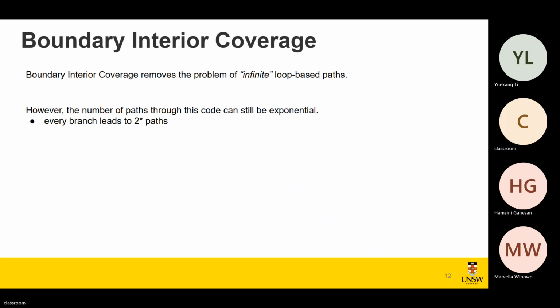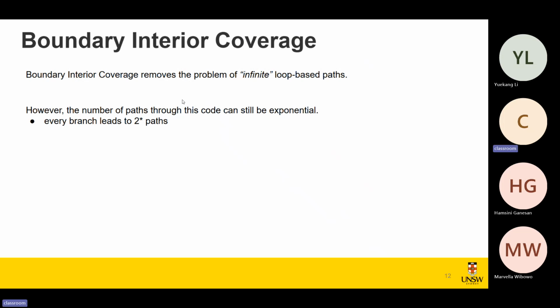However, the number of paths through the code inside the loop could still be infeasible for us to test out, because whenever we have a branch, whenever we have something like an if, we will double the number of potential paths we need to execute.